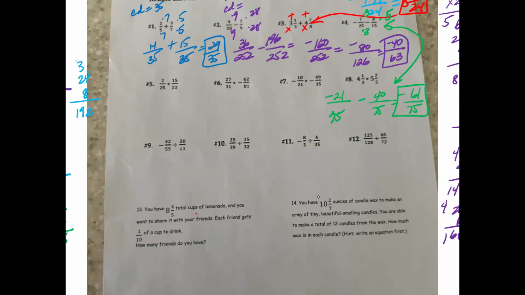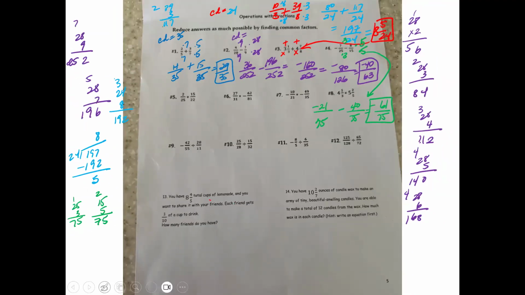So first thing that I see on number 5, what can you cancel top and bottom? What can you reduce top and bottom? Yeah, to what? Okay, what else can you reduce?